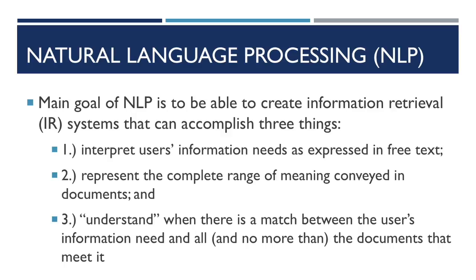The system was created to accomplish three things: interpret users' information needs as expressed in free text, represent the complete range of meaning conveyed in documents, and understand when there is a match between the user's information need and all and no more than the documents that meet it.